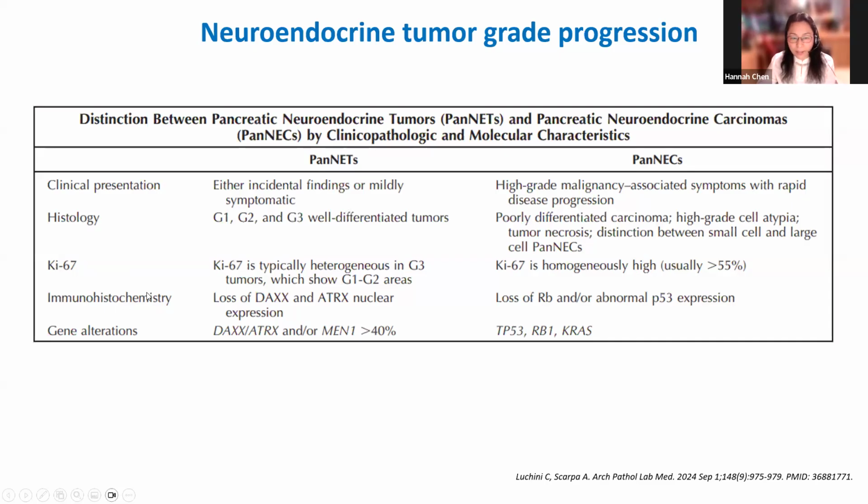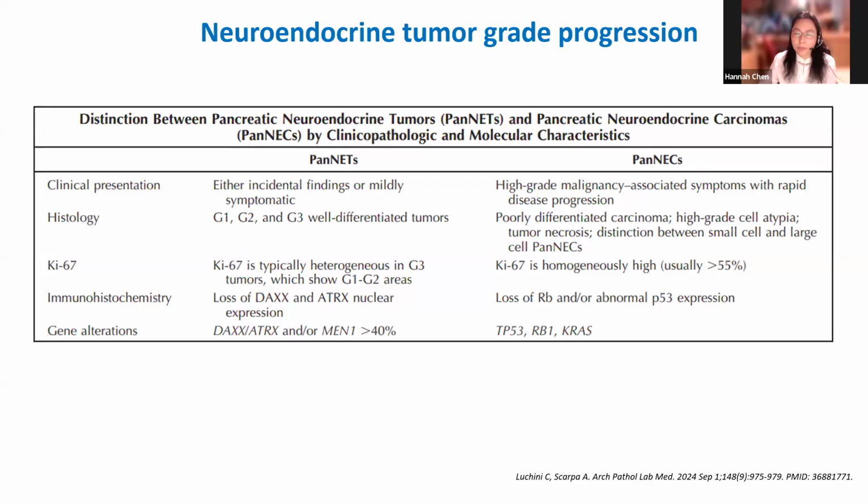Immunohistochemistry obviously reflects the gene alterations. So here I want to just focus on gene alteration. Pancreatic neuroendocrine tumor involves gene alterations in DAXX, ATRX, MEN1. In contrast, NEC involves gene alterations in TP53, RB1, and KRAS. Basically, the gene alteration in neuroendocrine carcinoma is closer to pancreatic ductal adenocarcinoma.